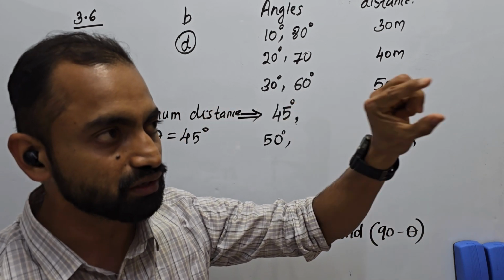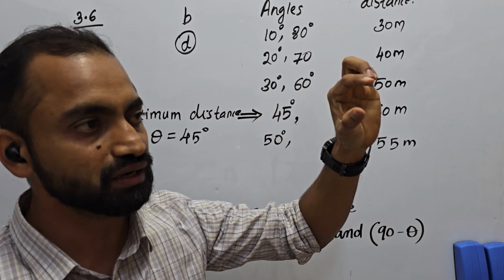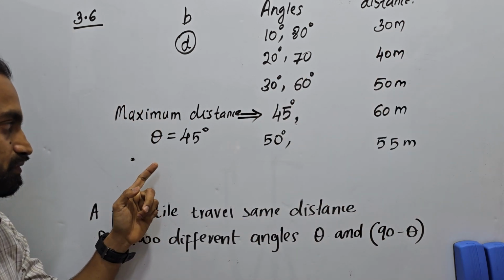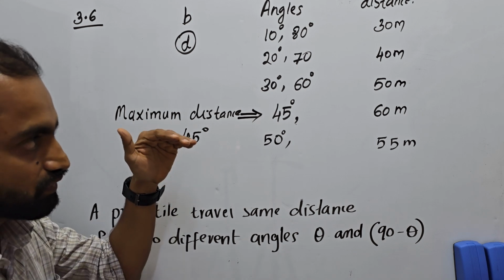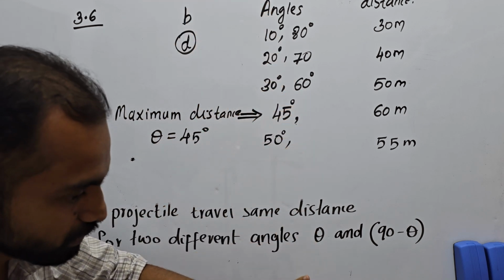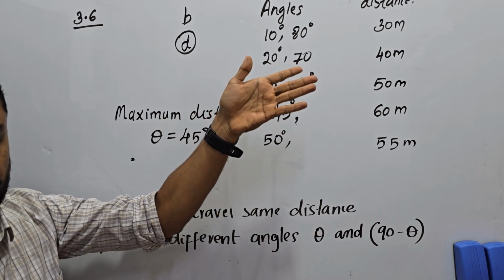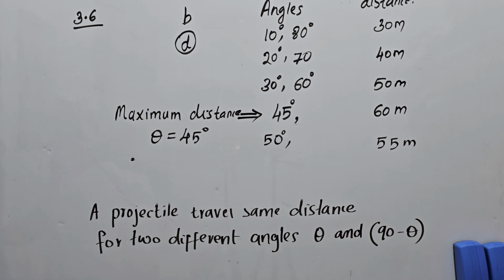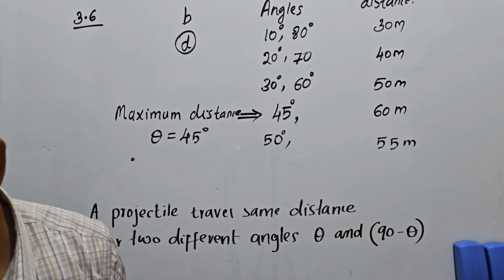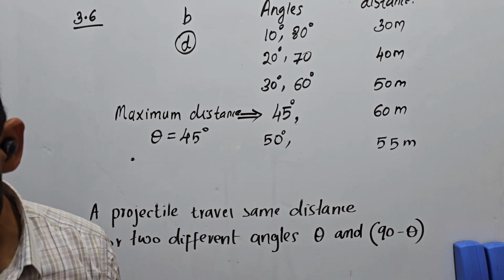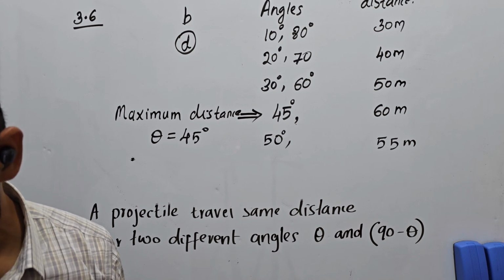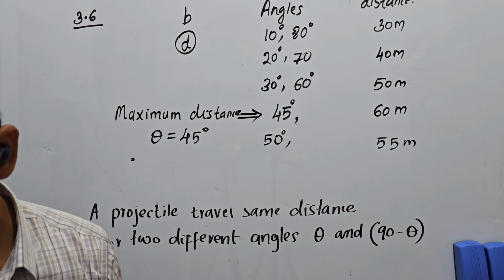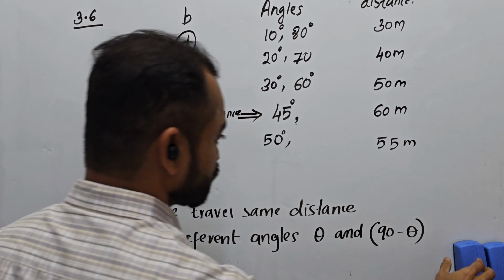Students, listen here: at what angle will the projectile travel maximum distance? 45 degrees. If it is greater than 45 or less than 45, what about the distance traveled? Yes, it will be less, right? So here our answer is D. I hope you understand. Then we will discuss question number 3.11.